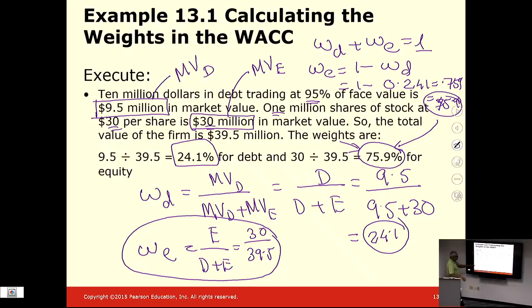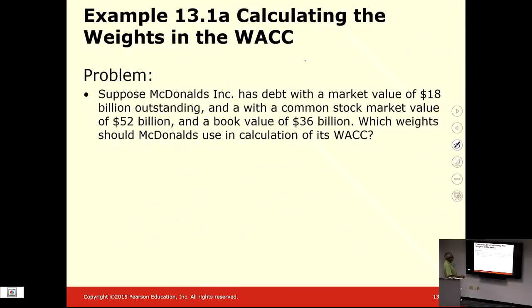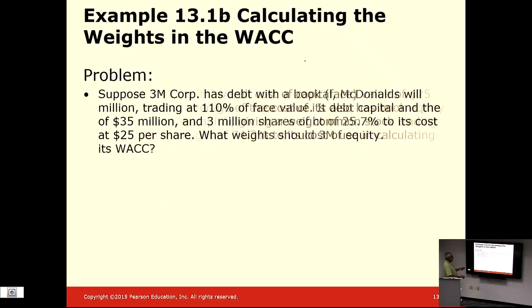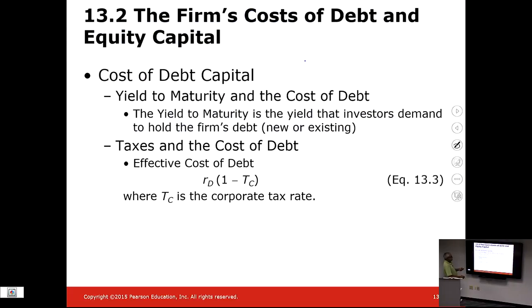Either I can do them individually, or I can just do one of them, and the other one, whichever one I did not do, will always be 1 minus the weight of whichever one I calculated. So just keep this formula also in your mind. Similarly, you can work through this problem on your own.